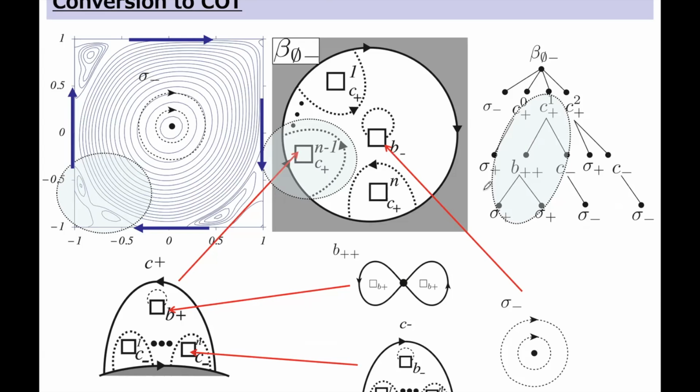So this is B phi minus, which is the COT symbol for this flow. Then we identify a big clockwise rotational structure in the center, so we create an edge as sigma minus here. Then for the three corner edges, we found the three boundary saddles, like here and there.